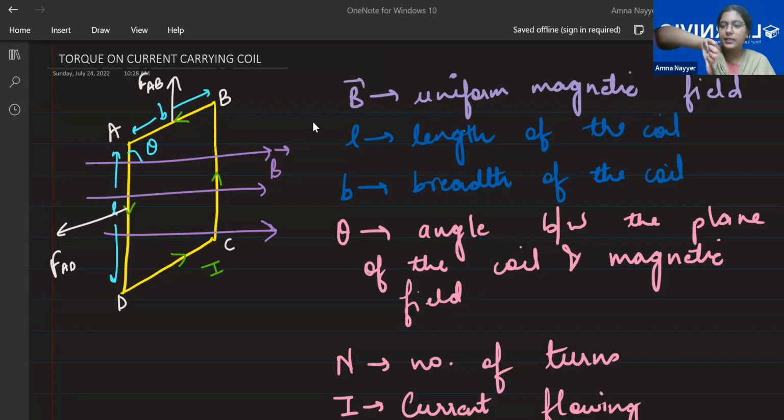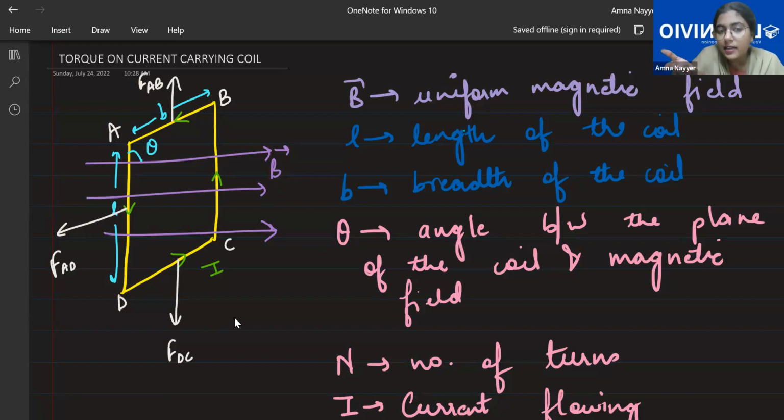If I keep my hand pointing inwards along the direction of current and curl my fingers towards the right, where is the thumb pointing? Downwards. This is F_DC. The current is going inwards, so I also keep my hand inwards. To determine the direction, you can keep your hand initially like this, these are all the possibilities.